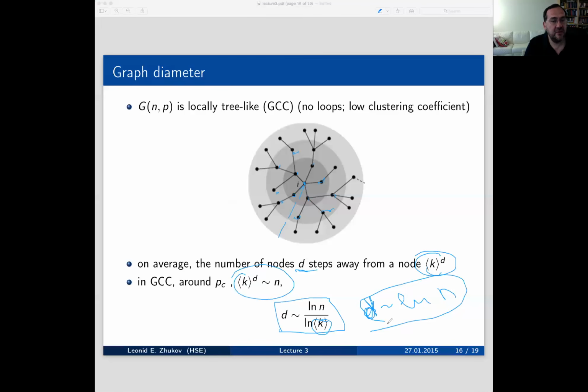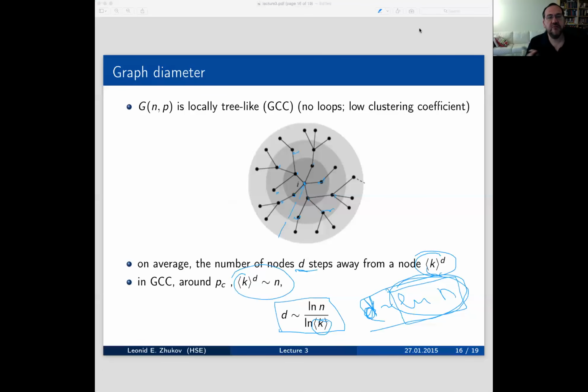So this is what it says: though this model is different from real-world networks in terms of degree distribution and clustering coefficient, it does express the small world property, which means that on average the distance between nodes behaves like the logarithm of the number of nodes. So you need very few hops to jump from one node to another. The graph diameter is pretty small for this network.